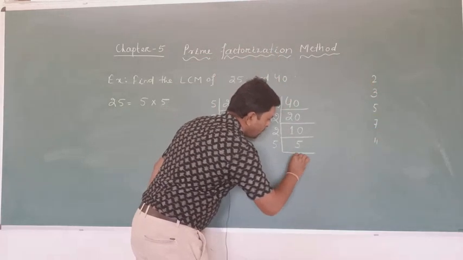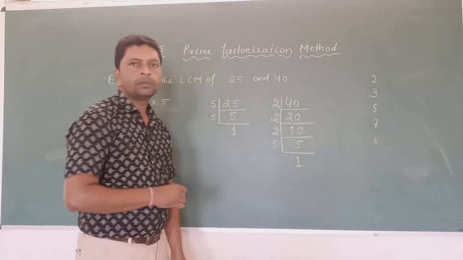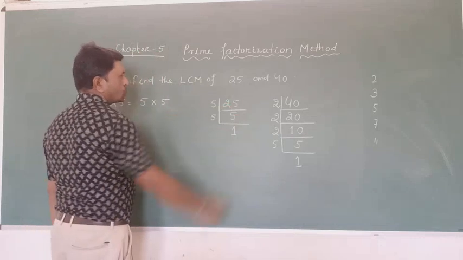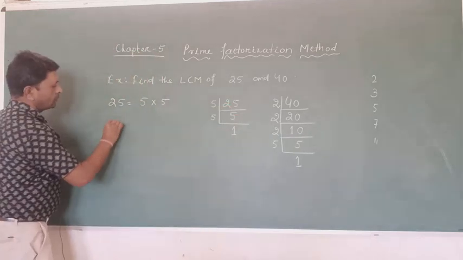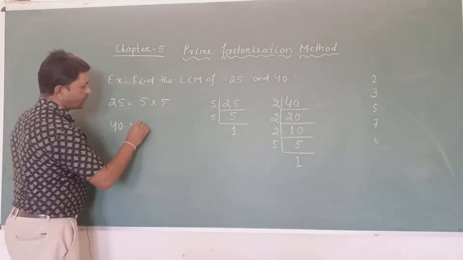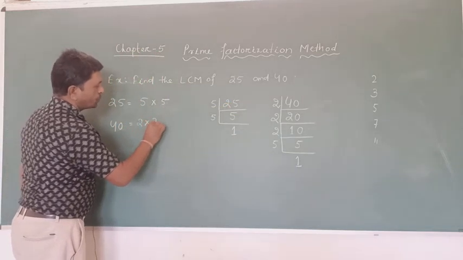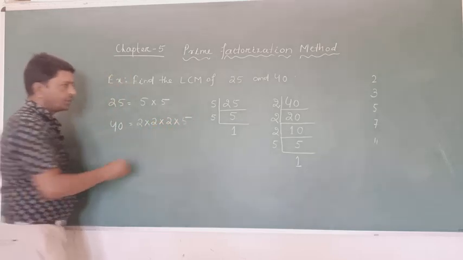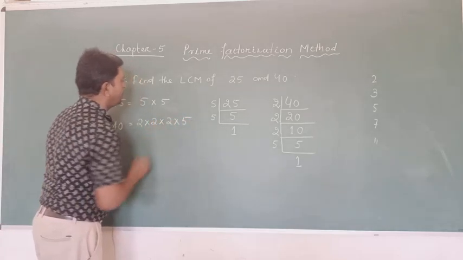So 5 ones are 5. Clear? So all these factors 2, 2, 2 and 5 are the prime factors of 40: 2 into 2 into 2 into 5.